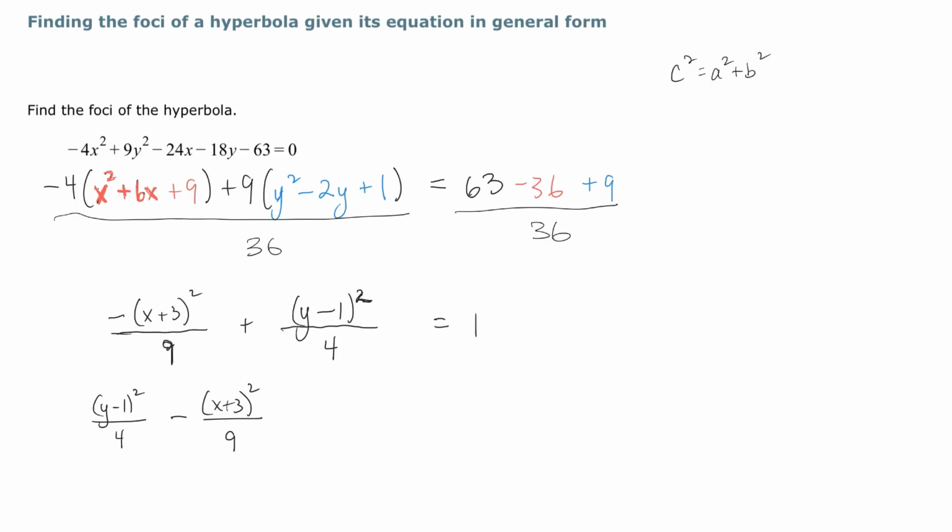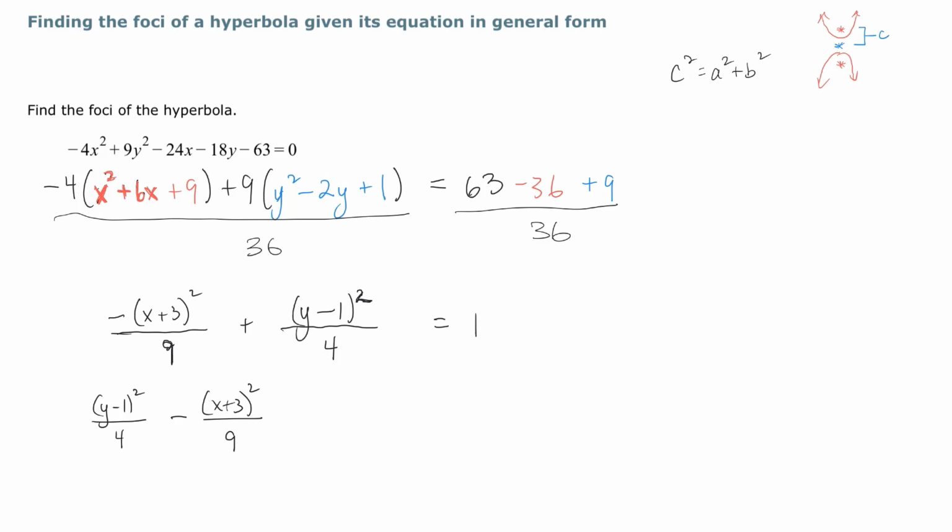This hyperbola is actually opening up and down, something like this. We're not interested in the vertices. We're interested in the focus points. Remember, there's a center here. We're trying to find c. c is the distance from the center to a focus point.